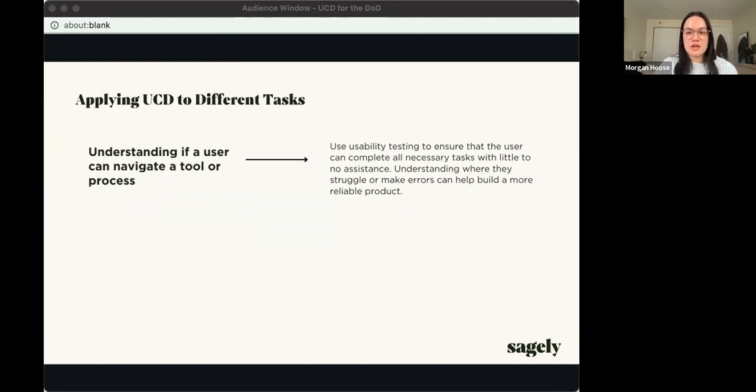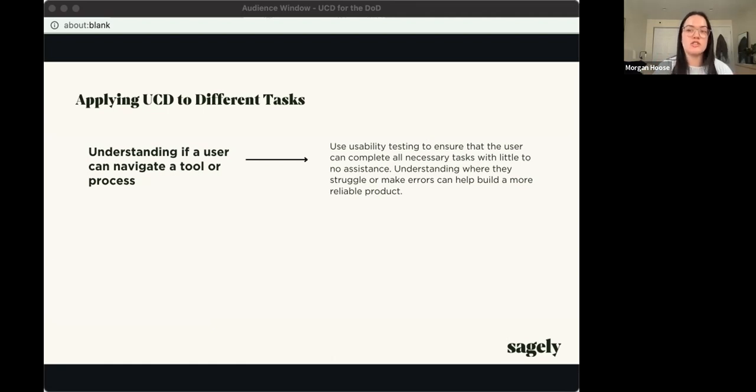So one that I want to highlight is understanding if users can navigate a tool or process. I think it's really common in highly regulated areas like the DoD to often hear that there is a training problem, so that users don't know how to use a tool or a system because they haven't been trained on how to use it. I think there's some validity in this. The fact that we're building complex systems means that, no matter what we do, there's going to need to be some training required.